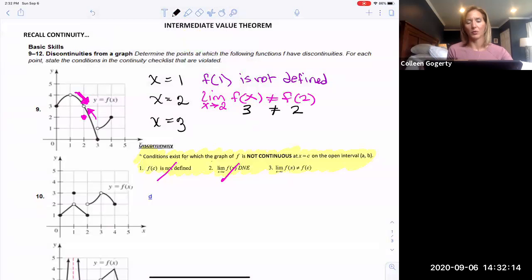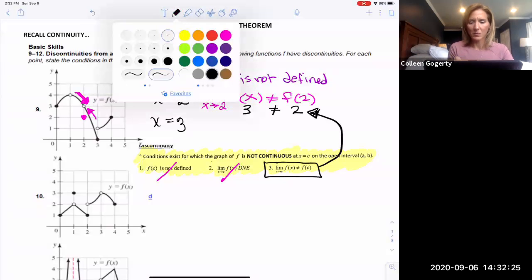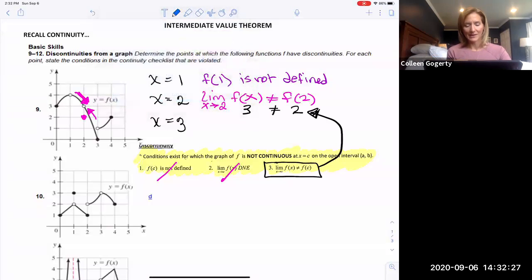These are not equal to each other. So the discontinuity is occurring because of the 3rd rule, okay? So let's move on. 3rd one, last one, okay? Now, looking at the 3rd one, I'm going to get rid of these marks so they're not messing with us.